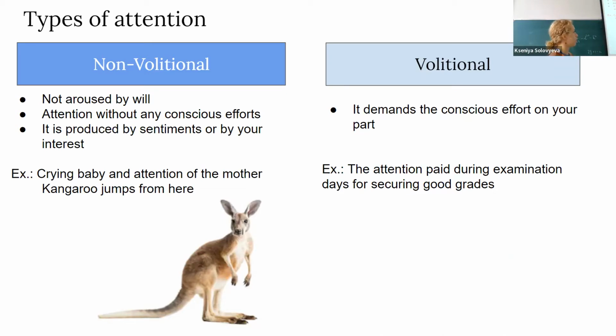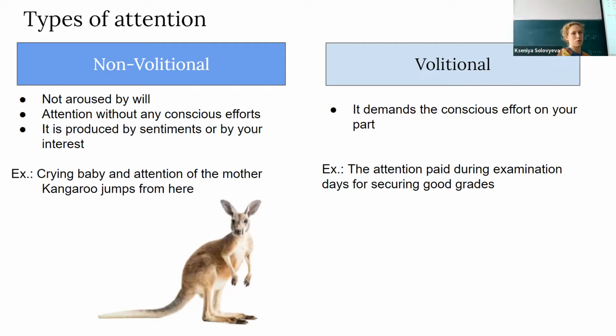Anyway, volitional attention is attention when you need your consciousness, you should control it. So usually it's not very easy. For example, two examples with a crying baby.